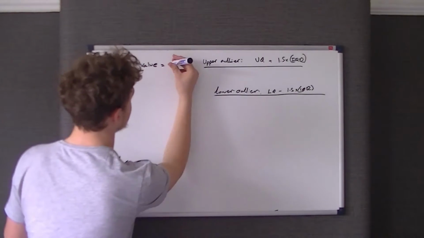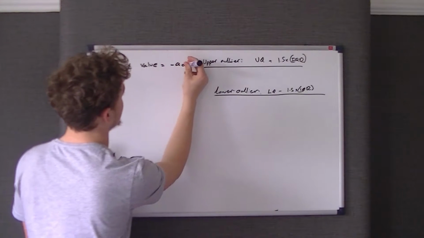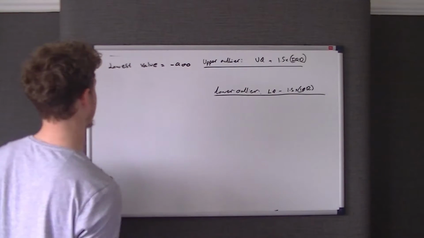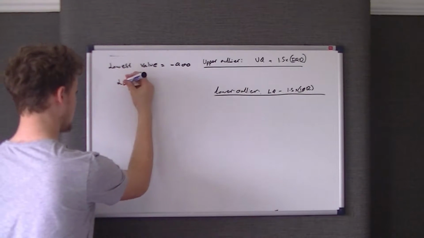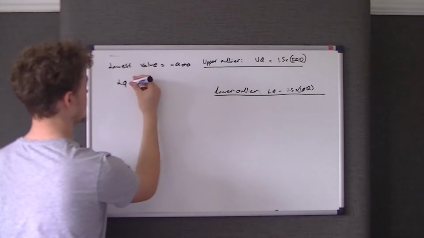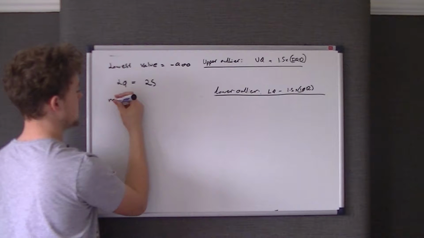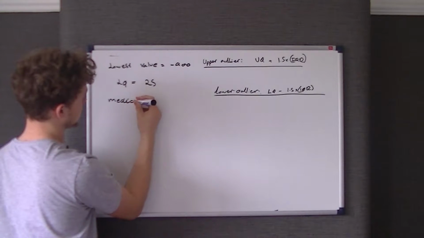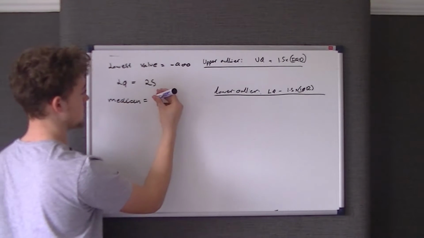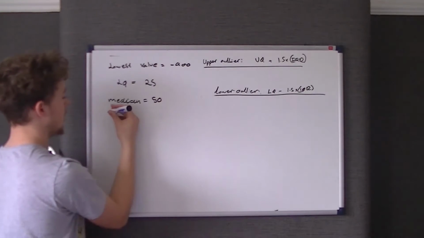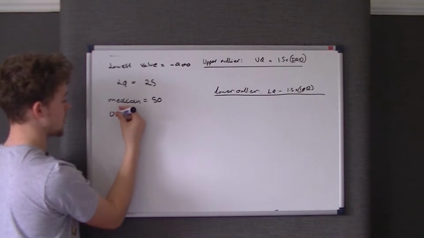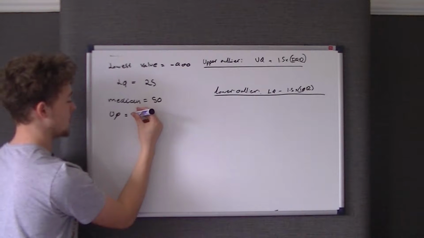Say the lowest value is minus 900. This could be degrees of something, for example. The lower quartile, let's say, 25. Let's say the median of this set of values was 50. And let's say the upper quartile was 60.